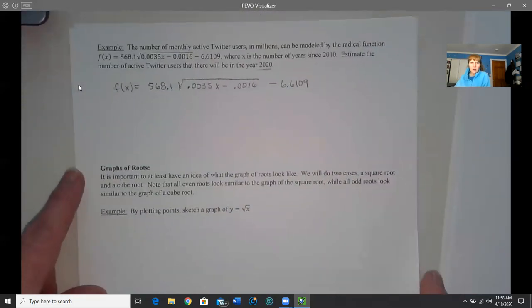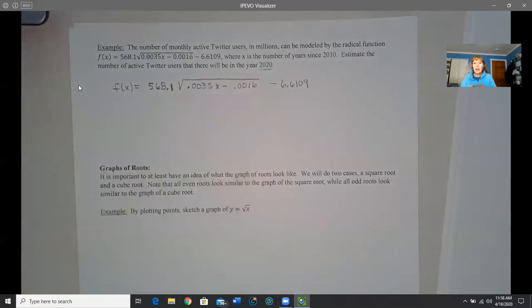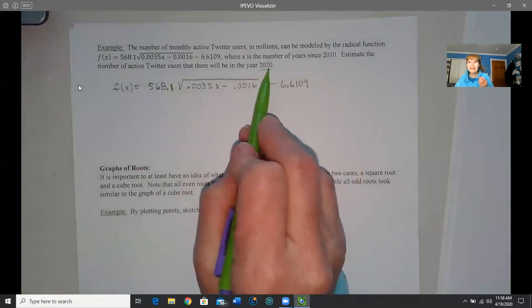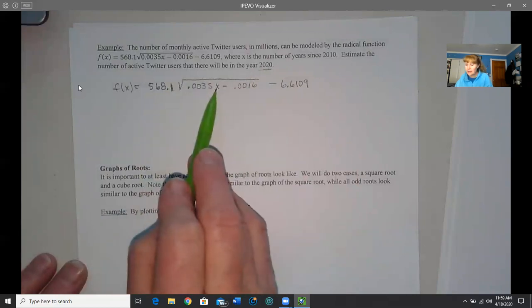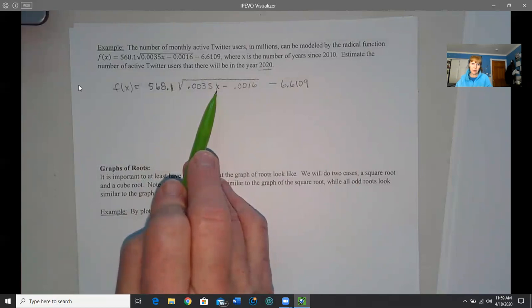Okay. All right, that's a 1. Okay, now what is the x? Well, x represents the number of years since 2010. They want to go from 2010 to 2020. That's 10 years. So all you need to do is substitute in 10 into this equation, and that'll tell you how many millions of Twitter users they expected in the year 2020.